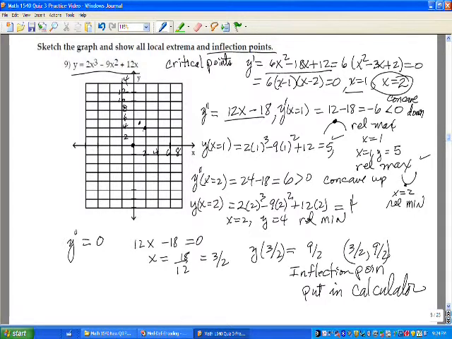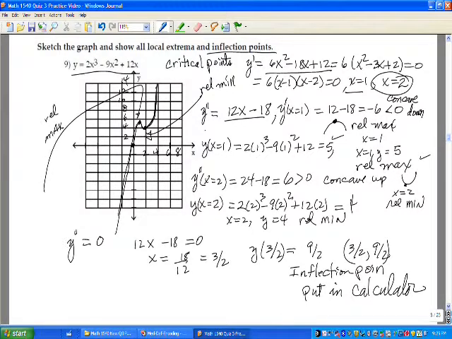And if you graph some points, you will see a function that looks like this. And actually there's a prettier graph on the next page. But here's a relative max, and here's a relative min.